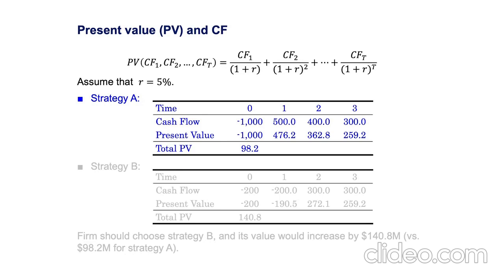If we add up the present value of each of the pieces, we get $98.2 million. That is the total present value of strategy A.